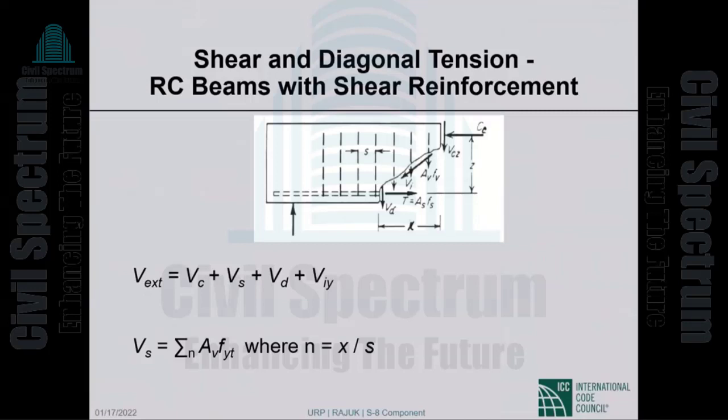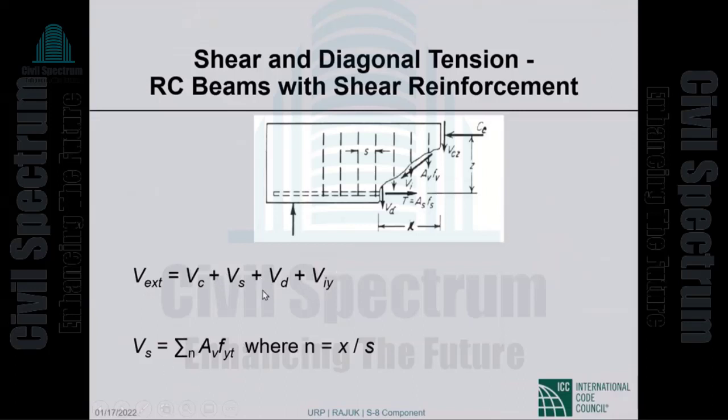Now V external is V sub C, the shear resisted by the uncracked concrete, plus V sub S, shear resisted by the vertical shear reinforcement, plus V sub D, shear resisted by dowel action, plus V sub IY, the vertical component of the aggregate interlock shear.